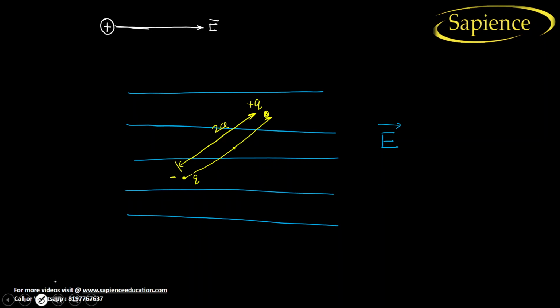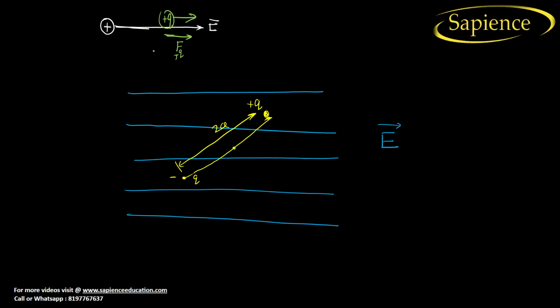Now, if you place a positive charge, what will happen? The force of repulsion will be in this direction. So the conclusion is that the force on a positive charge acts in the direction of the electric field.